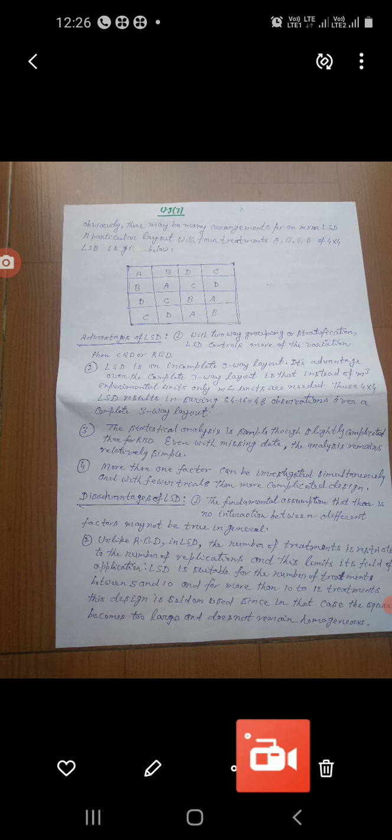So this is the main disadvantage of Latin square design.